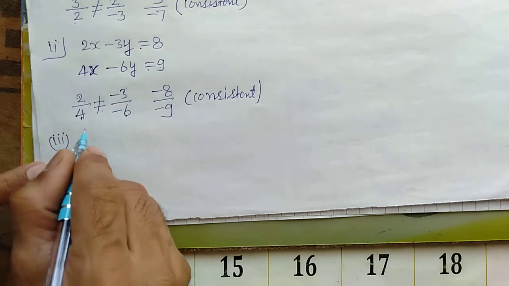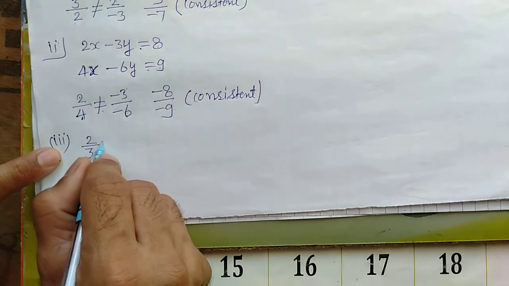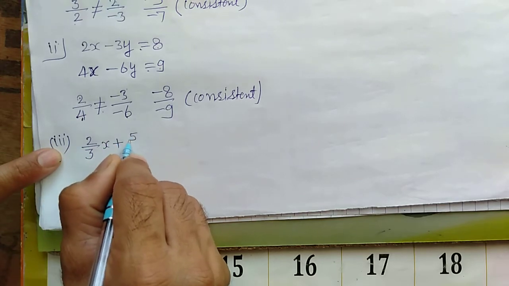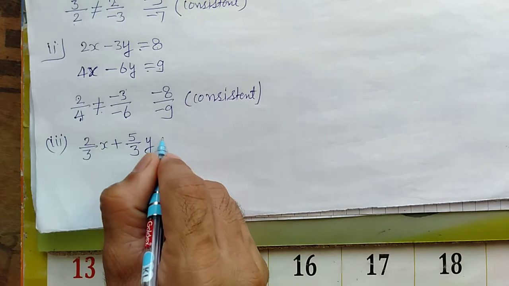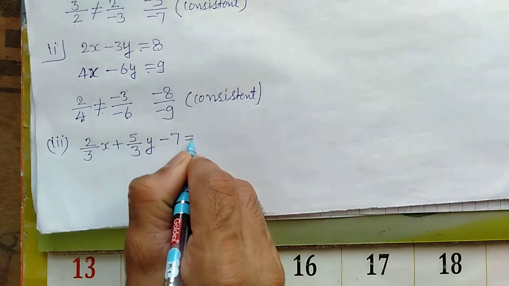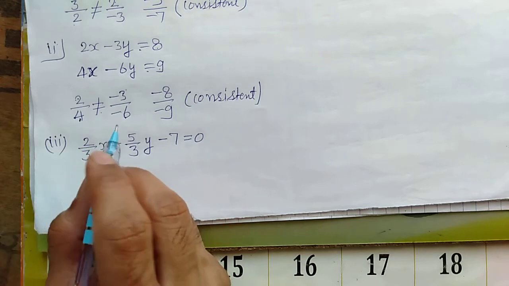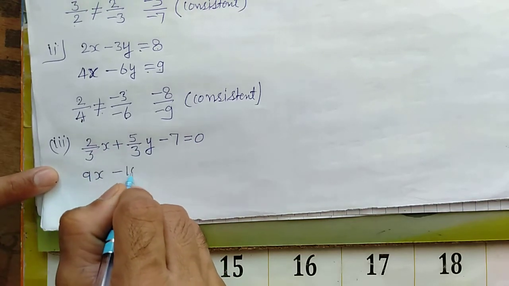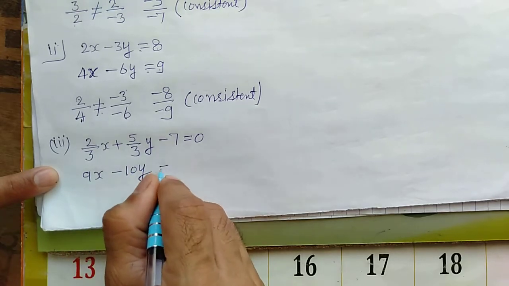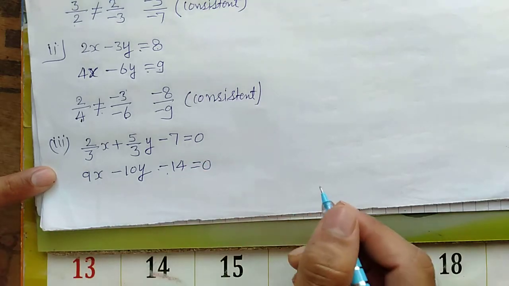Number 3 is 2 upon 3 x plus 5 upon 3 y. Here I am transposing this. Minus 7 is equal to 0. Right? And the second equation is 9x minus 10y minus 14, by transposing, is equal to 0.